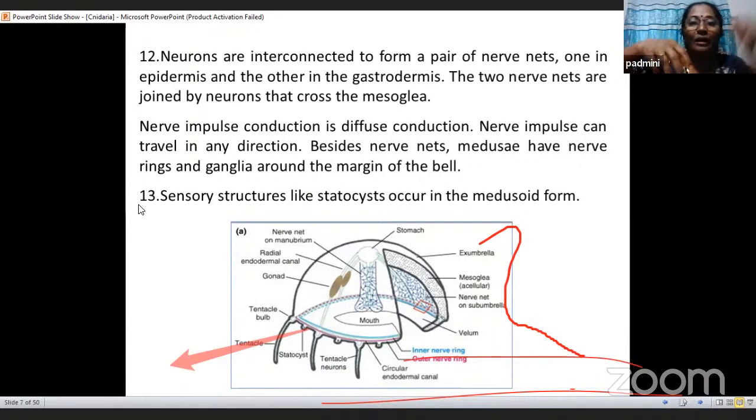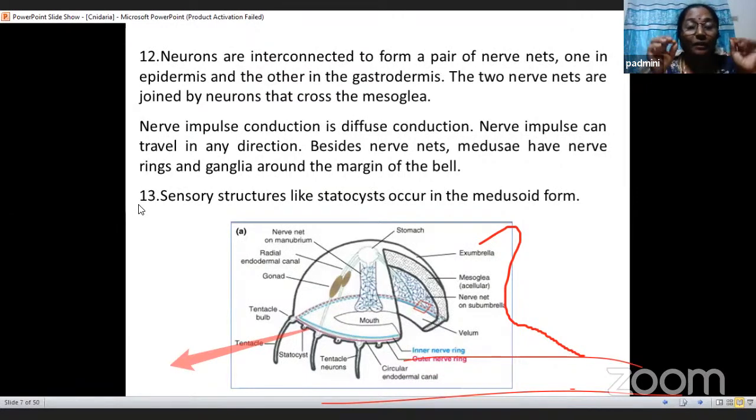The information comes directly to the muscles of your hand, and then you throw that rod away. Imagine your brain is giving information from here, it has to travel all the way to the muscles of here. If somebody is disturbing the information over there and that information goes somewhere else, you are still holding the hot iron rod. Imagine what is happening. You're burning your fingers.